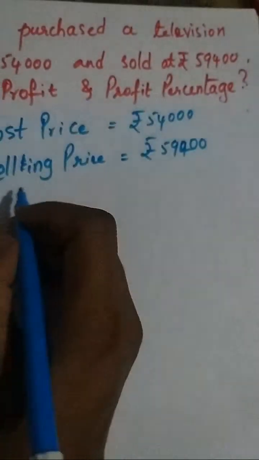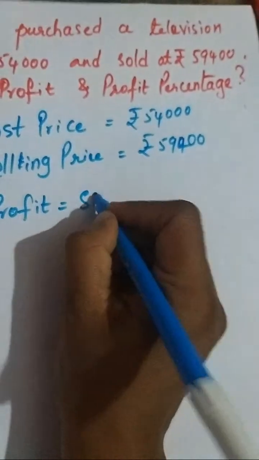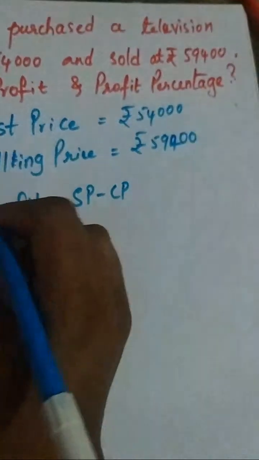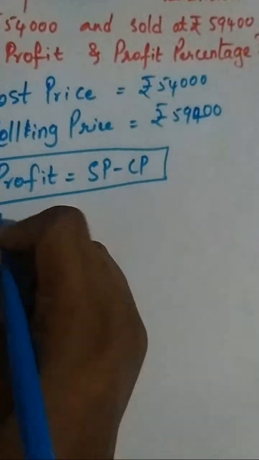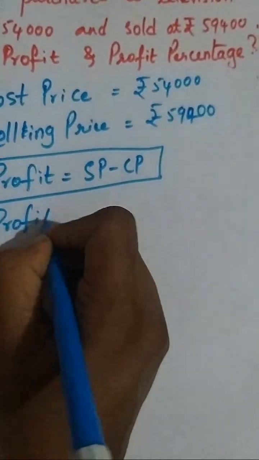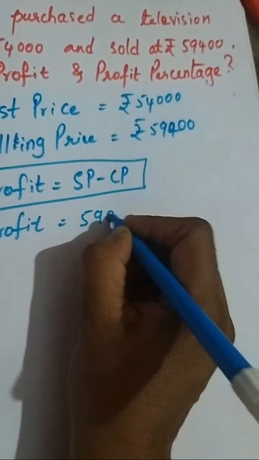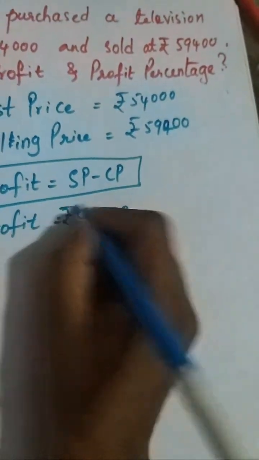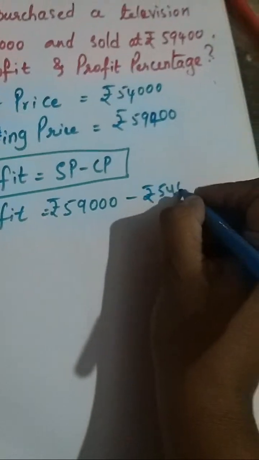Now what is the formula of profit? Profit is selling price SP minus CP. I have written the boxes. Now how much profit did he get? Profit is equal to rupees 59,400 minus rupees 54,000.